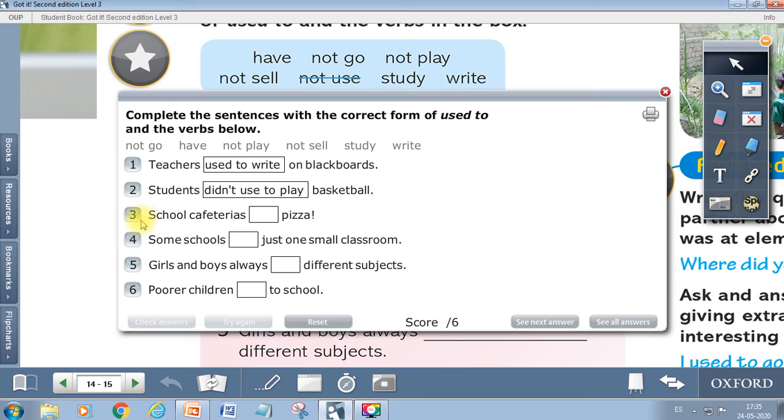Then in number three, school cafeterias, pizza. School cafeterias, pizza. Not go, have, not sell, study. Recordamos que ya tenemos write and not play, ya las usamos. Okay, school cafeterias.